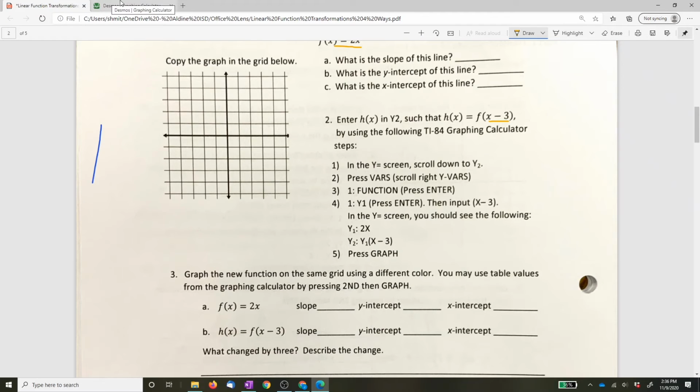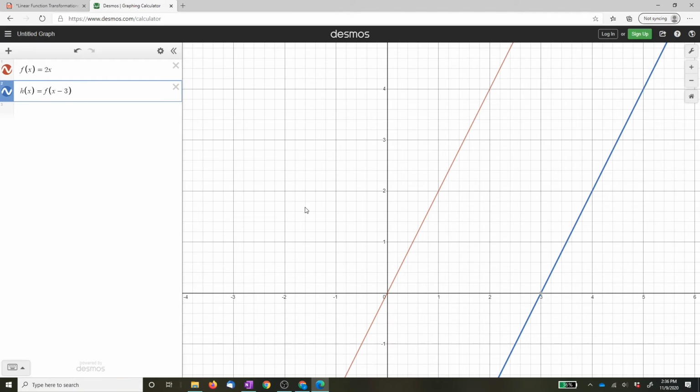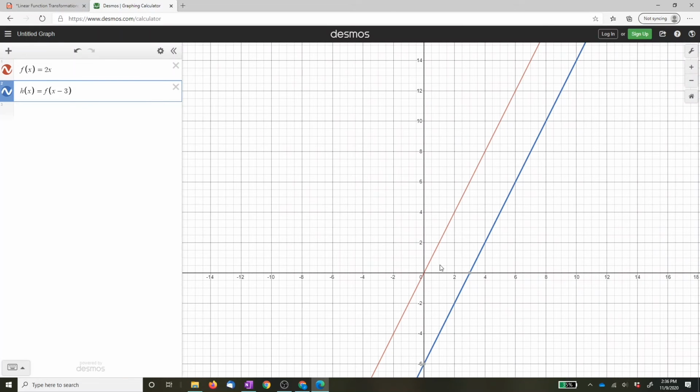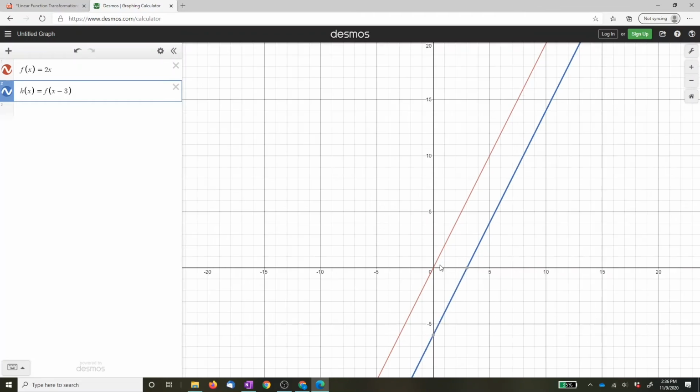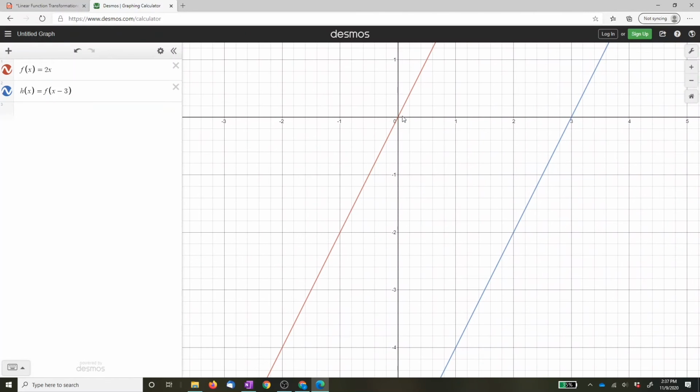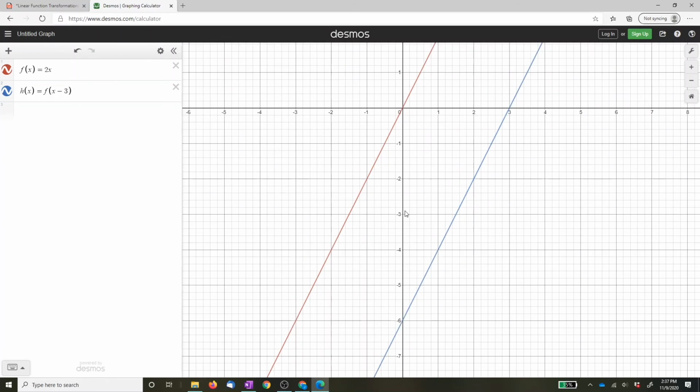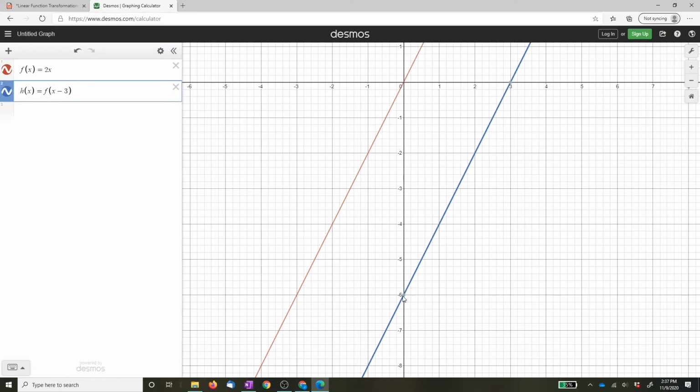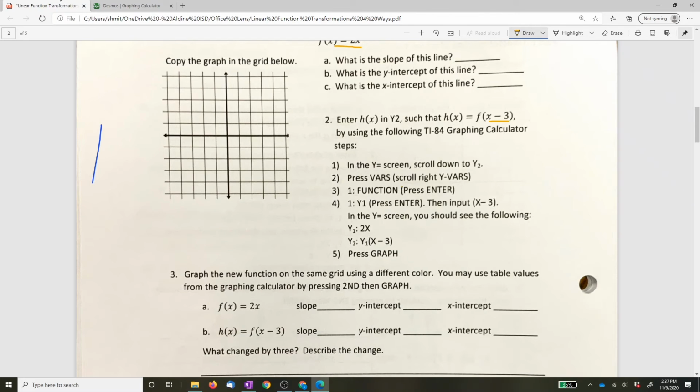We are going to put this new graph on this space right here. Okay, so the orange one is the original, or red, and then the blue one is the new one. And the important points are 3, 0, and 0, negative 6. 3, 0, 0, negative 6. 1, 2, 3, 4, 5.